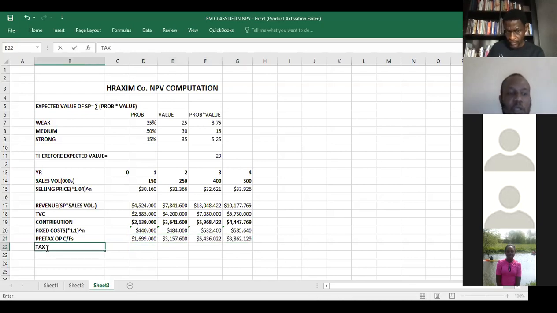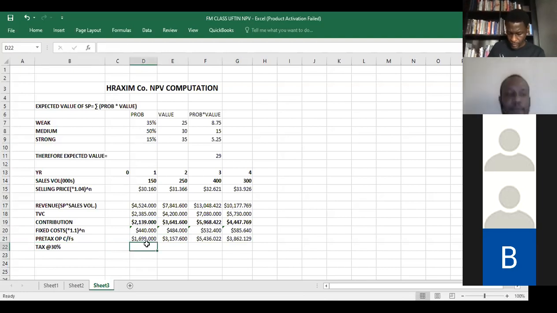Tax at, what was the percentage for tax? 30%. Yes. Okay, so we're back to our 30% again. So that will be equal to 30% of the pre-tax cash flow. And then we want to put negative. So we get all those figures.